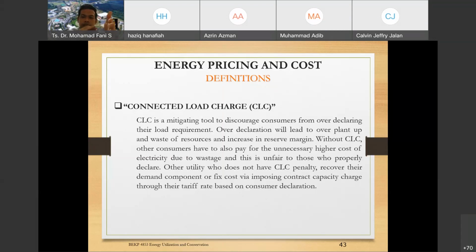So consultant should declare, submit the form to require power from the TMB.